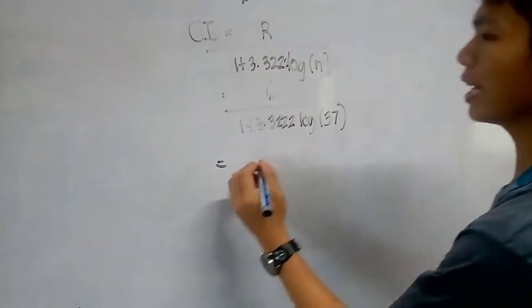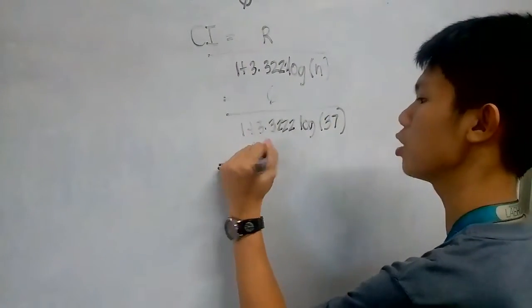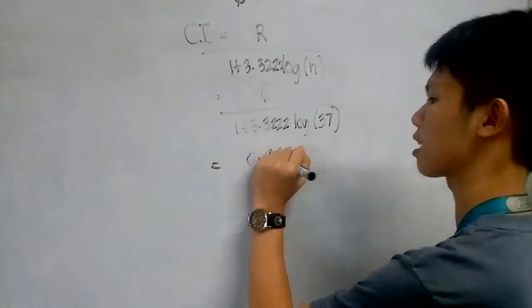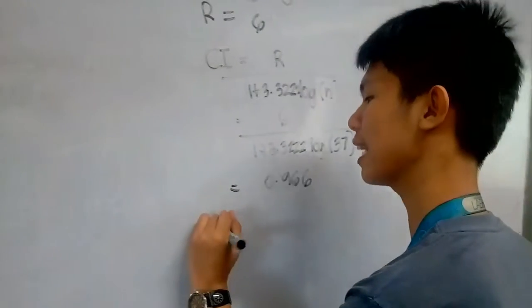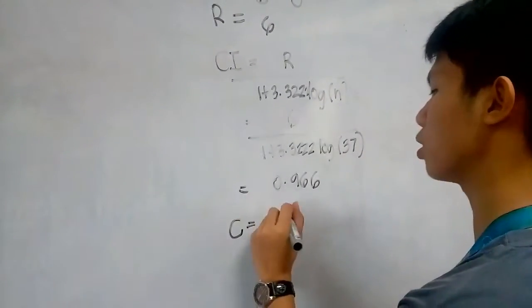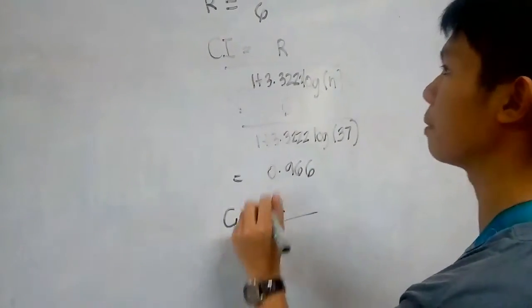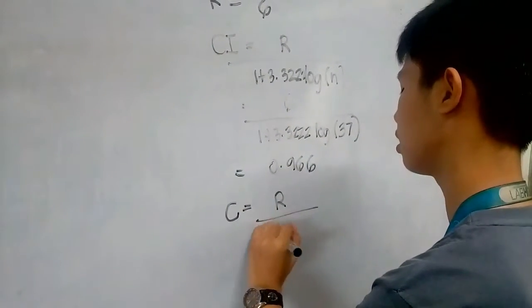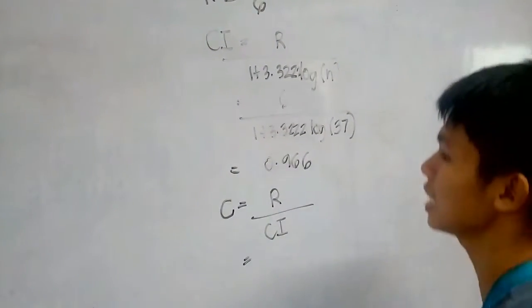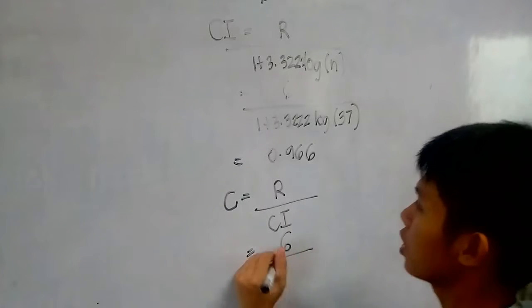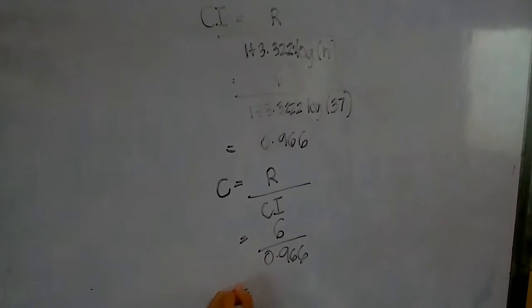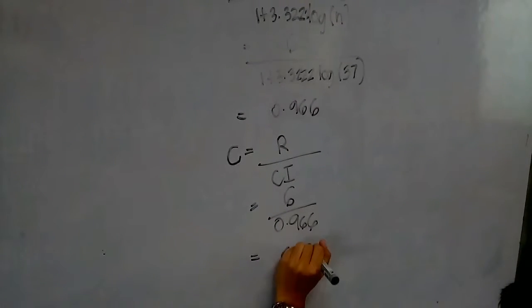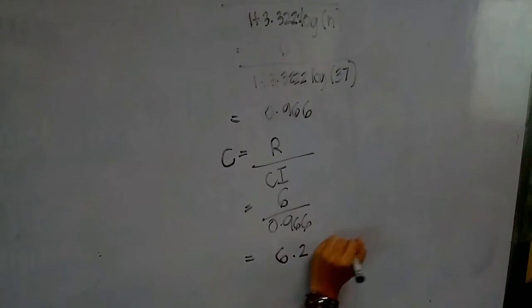So the final answer here is 0.966. After that, to compute for the class size, it is equal to the range divided by the class interval. So the range is 6 over 0.966, which is equal to 6.2 or 6.